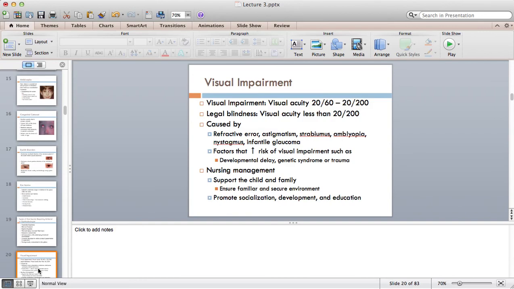And because we are dealing with children, we need to promote growth and development, meaning socialization among the kids and all that. So we have to do that and do the education of the child and of the parents. Okay? So whatever the problem is, that's what we're zeroing in on for intervention.